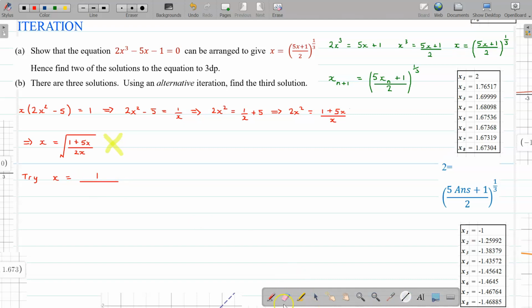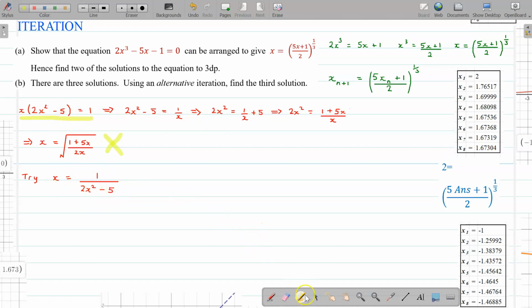As I said, there are many others, but this is the one I'm going to try next. So basically, I've gone straight from this here, but instead of dividing both sides by x, which I did here, I'm dividing by this bracket to give me this one. So I can try that iteration and see what happens.